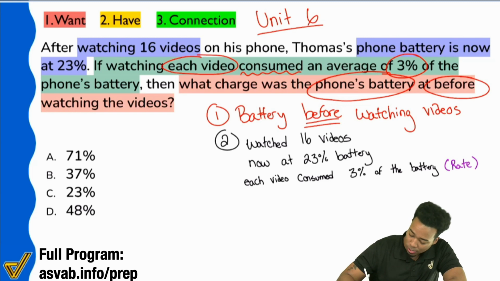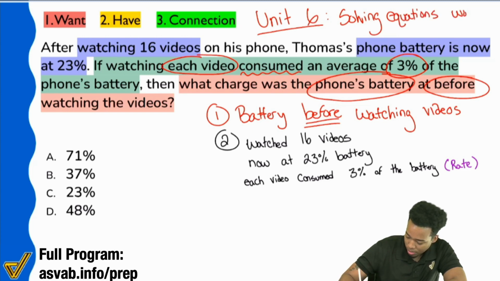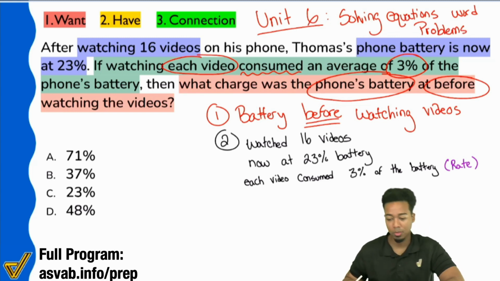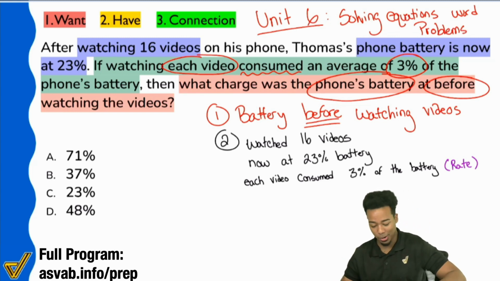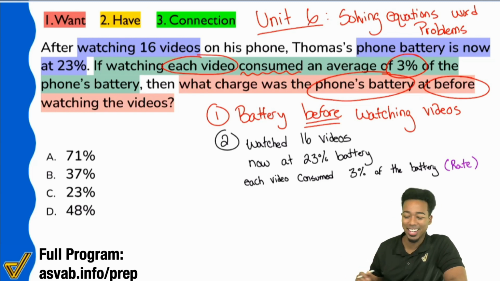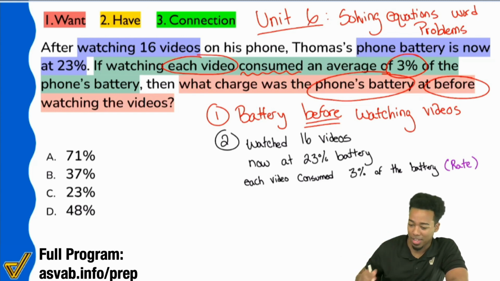Unit 6, this is solving equations, word problems. Sorry for the handwriting. I seem to be writing like a child today, so there's that. But let me go ahead and show you this. And I'll write the last problem down in a moment here.